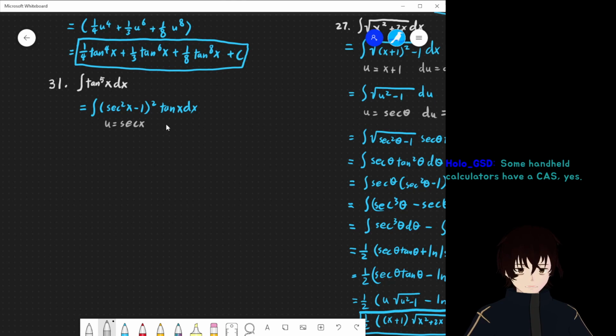But then du is equal to secant x tangent x dx. Wait. Tangent x dx would be equal to secant x. Oh god, I just wrote something terrible, didn't I?